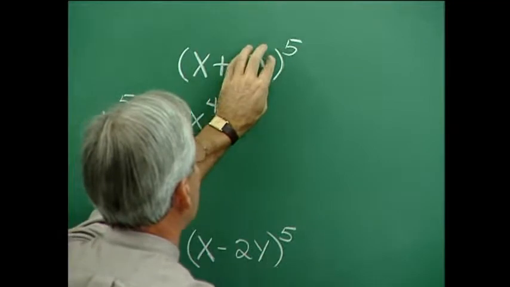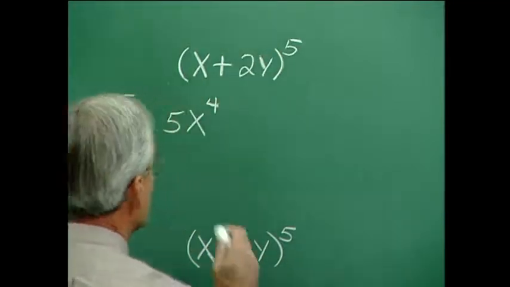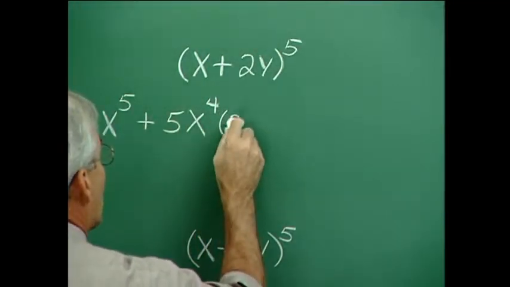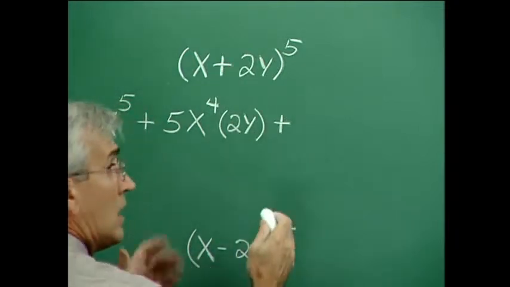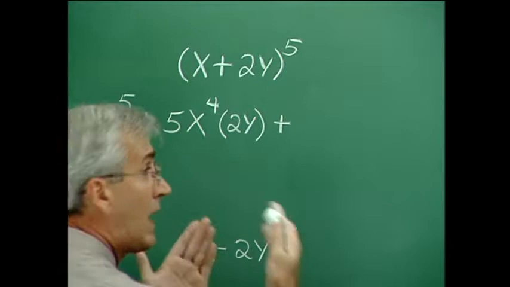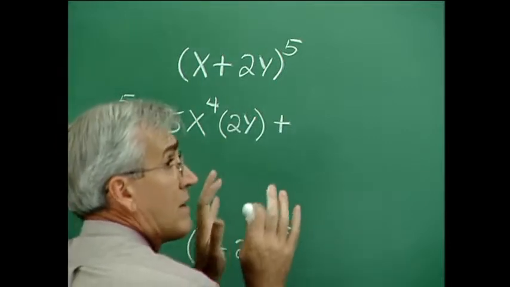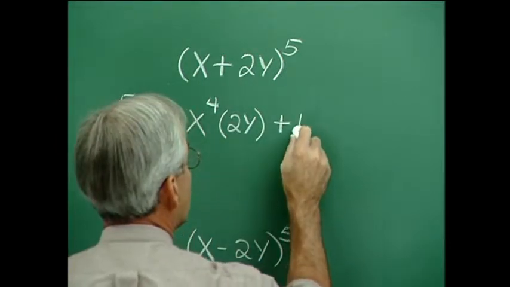Well, the second part of the binomial is just this 2y, so we'll have the appearance of 2y. And then for the next term, from Pascal's triangle or from the binomial theorem, I know that the naturally occurring coefficient is going to be 10.